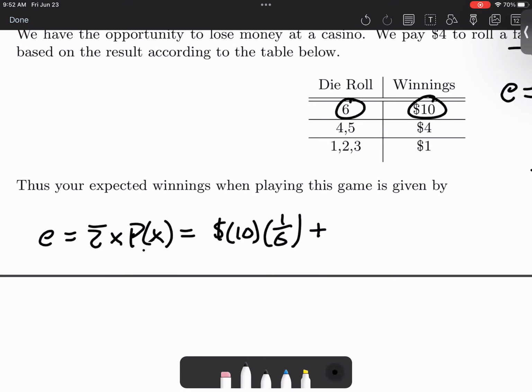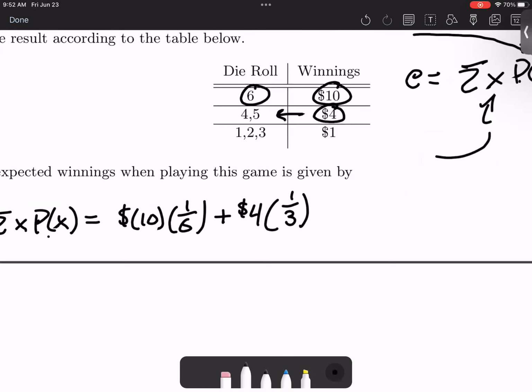So you could win $4. And the probability of winning $4, it happens when you roll a 4 or a 5. That's 2 events out of the 6, or 1/3. All right, we'll add $1. And the probability of getting $1 is either a 1, 2, or 3. So that's 3 out of the 6, or 1/2.